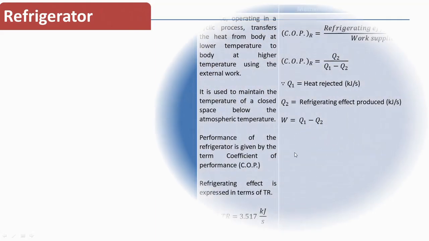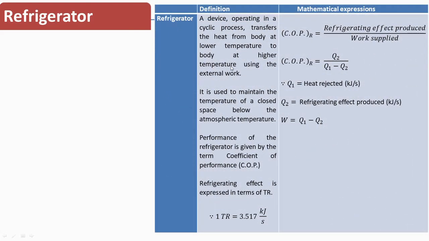Now, a refrigerator is a device operating in a cyclic process. It transfers heat from a body at lower temperature to a body at higher temperature with the help of external work. It is used to maintain the temperature of the sink or a closed space below the atmospheric temperature, and its performance is measured using the coefficient of performance.